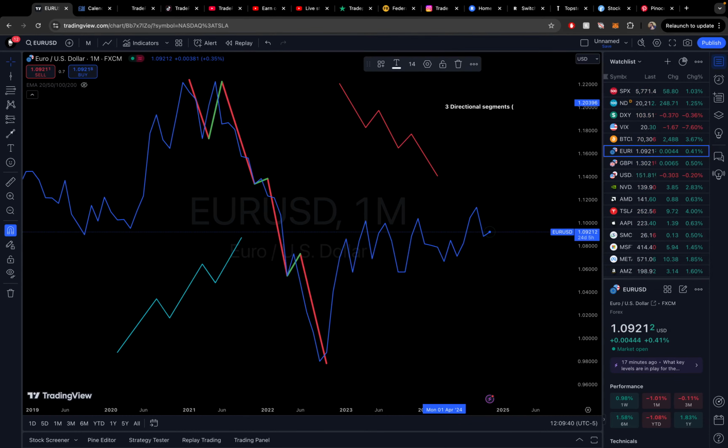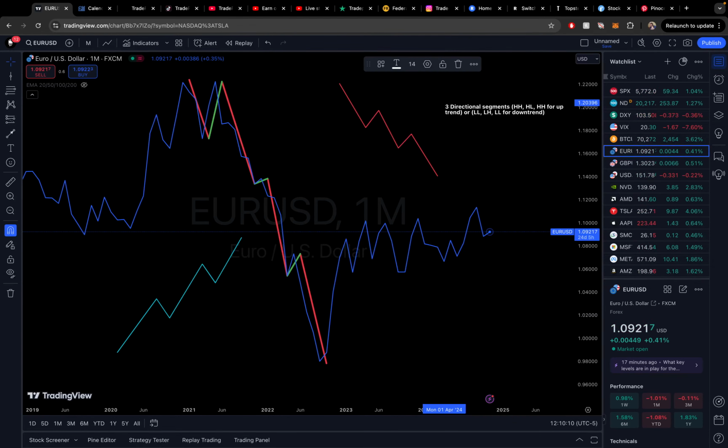A higher high, higher low, higher high for an uptrend, or lower low, lower high, lower low for a downtrend. There we go.